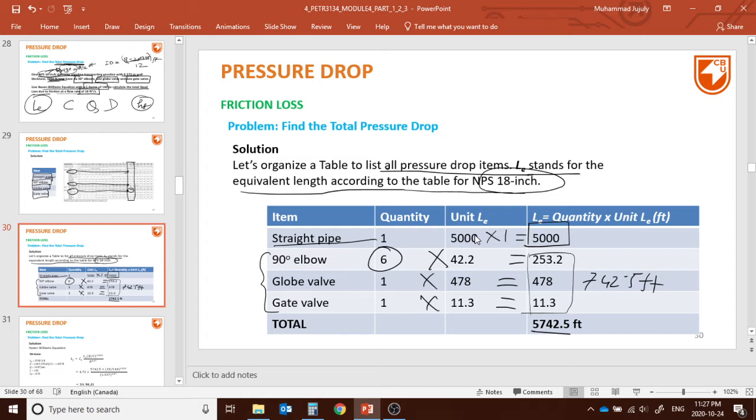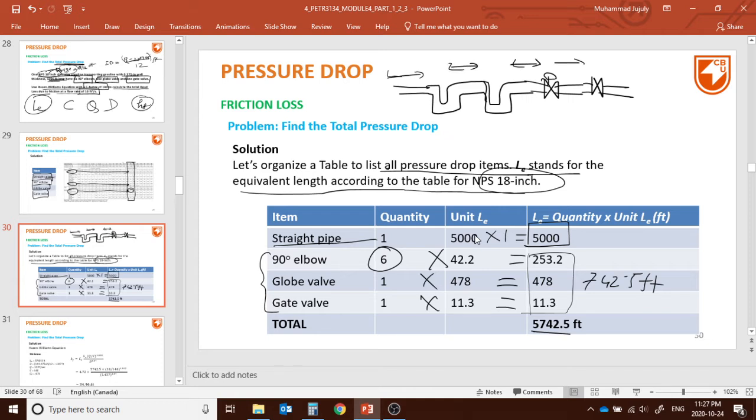That means, for instance, we have a pipeline with 6 elbows, so it has bends like this. We have one globe valve and one gate valve. That's the original setup.